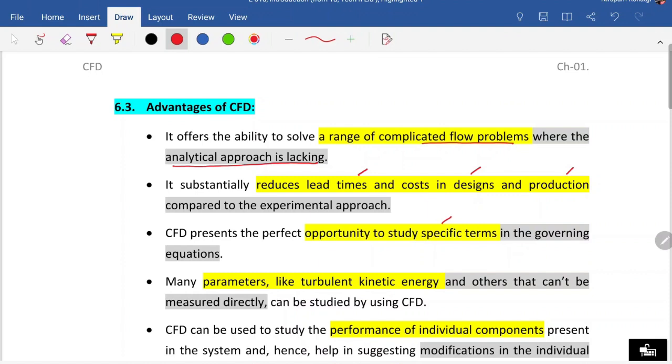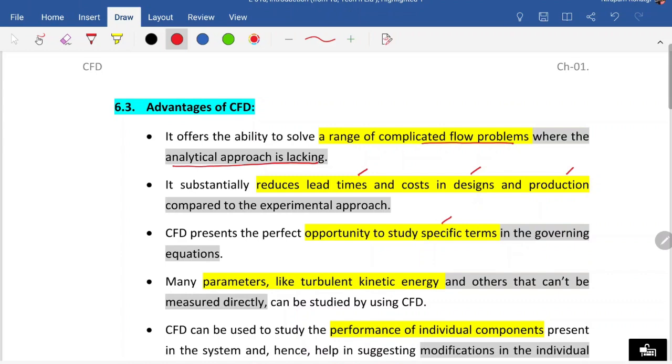It's like that with CFD, you can find temperature in each cell, millions of cells. And suppose you want to measure the temperature in a million cells, how will you do it? You cannot. You can't put a million probes there. But with CFD you can do it.